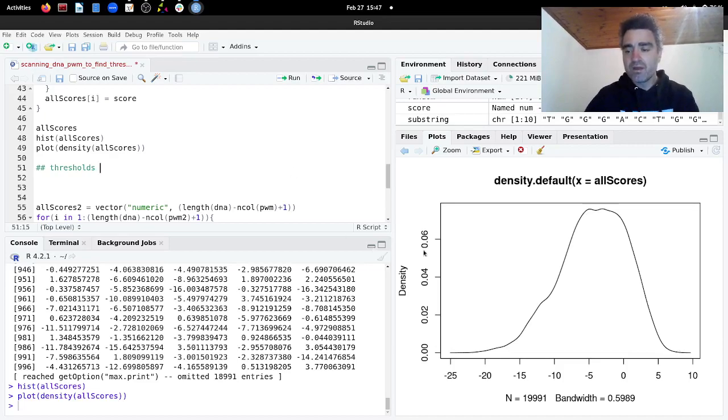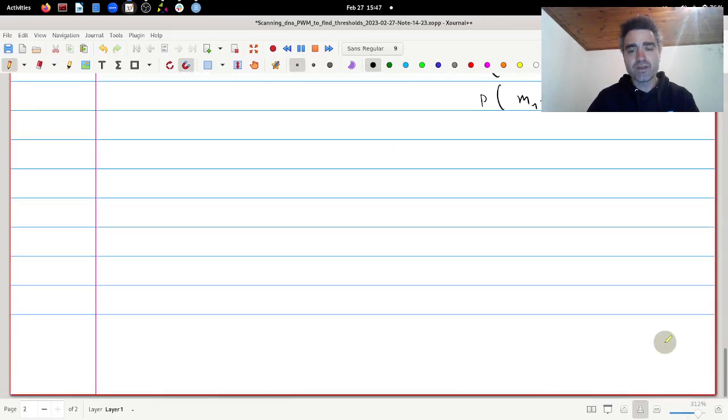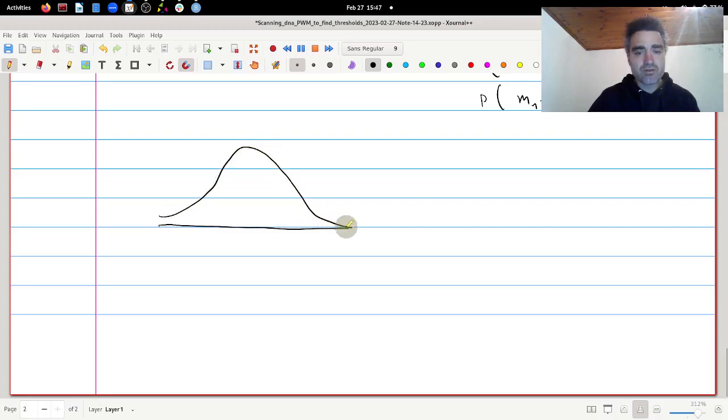For example, if this threshold is this 5.1, let's say, then if we get a score that is higher than this 5.1, it means that its p-value will be lower than 0.05. Okay, let's see this on paper just to make it clear. So this is a distribution, as we saw, of the values when the null is true.